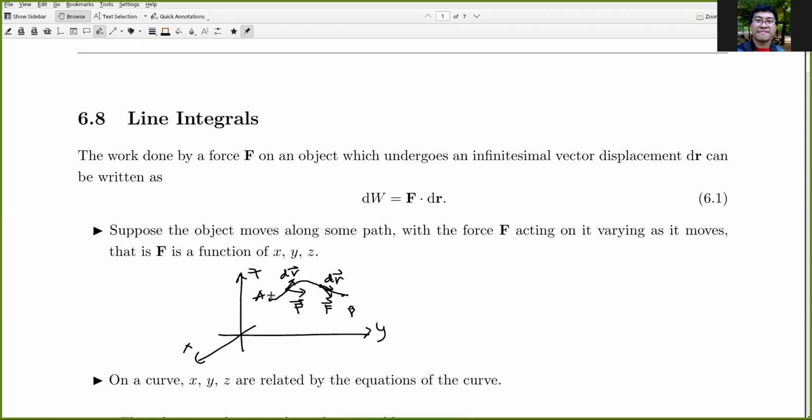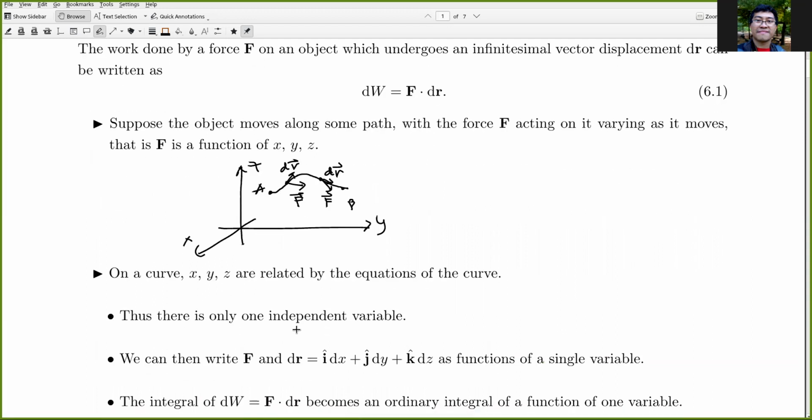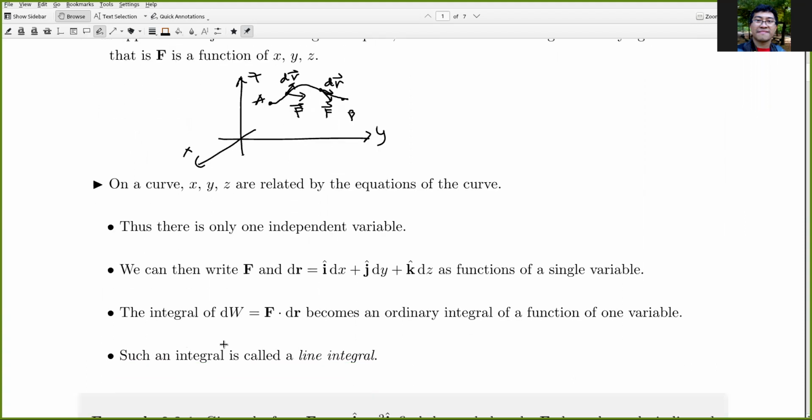On a curve, x, y, z are related by the equations of the curve. So there will be only one independent variable, and we can then write F and dr, which is given generally by this expression, as functions of a single variable.